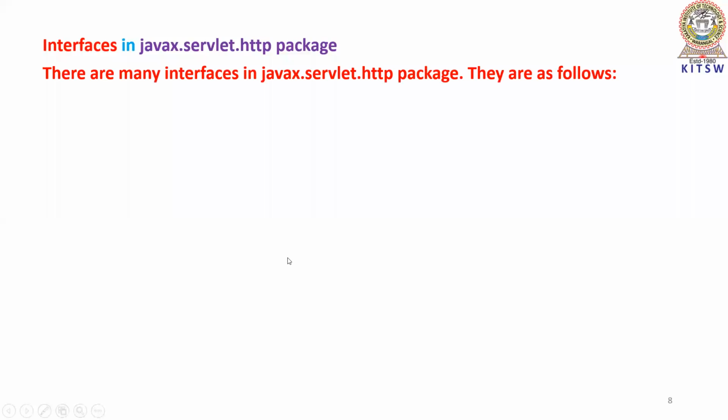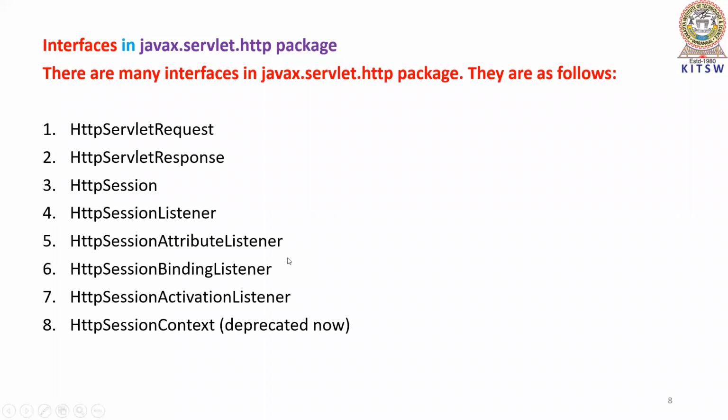What are the interfaces? There are many interfaces available in the javax.servlet.http package. They are as follows: HttpServletRequest, ServletResponse, HttpSession, SessionListener, AttributeListener, BindingListener, SessionActivationListener, SessionContext.